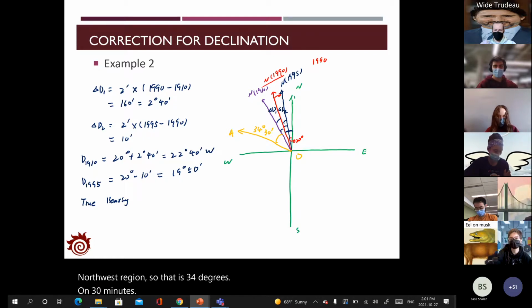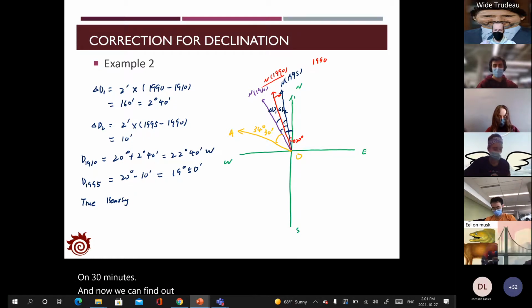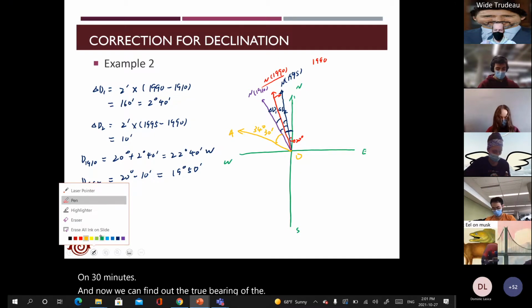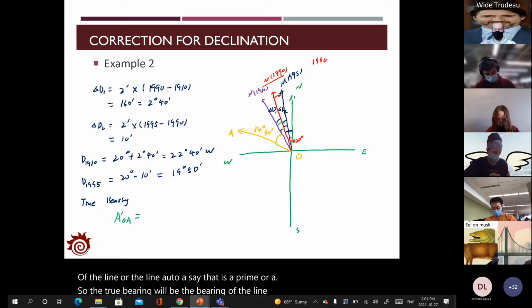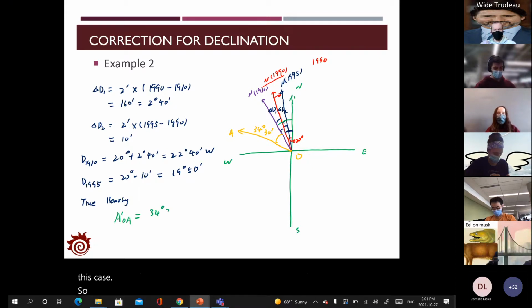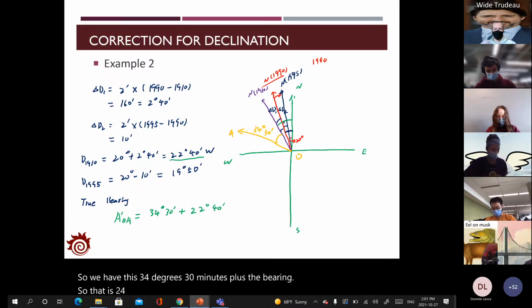And now we can find out the true bearing of the line O to A. Say that is A prime OA. So the true bearing will be the bearing of the line O to A plus the declination in this case. So we have 34 degrees 30 minutes plus the declination, that is 22 degrees 40 minutes.